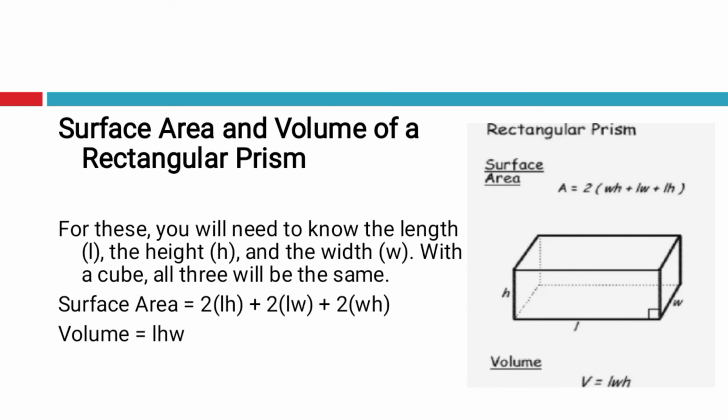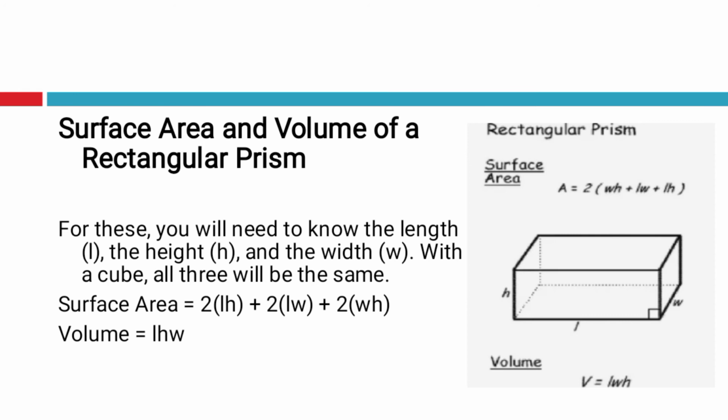What it means is H, L and W give us the total surface area. The volume is equal to L times W times H.